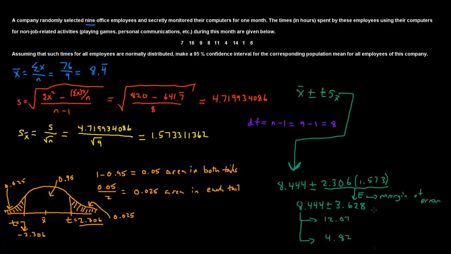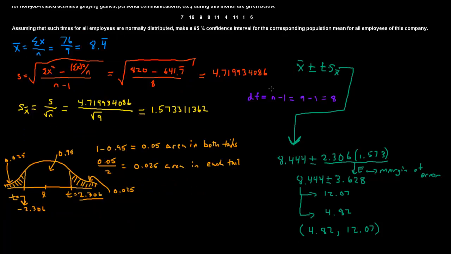So we construct a confidence interval, and here it is a 95% confidence interval, such that we are 95% certain that the true population mean will be somewhere inside our interval. So somewhere between 4.82 and 12.07, and these are hours per month.